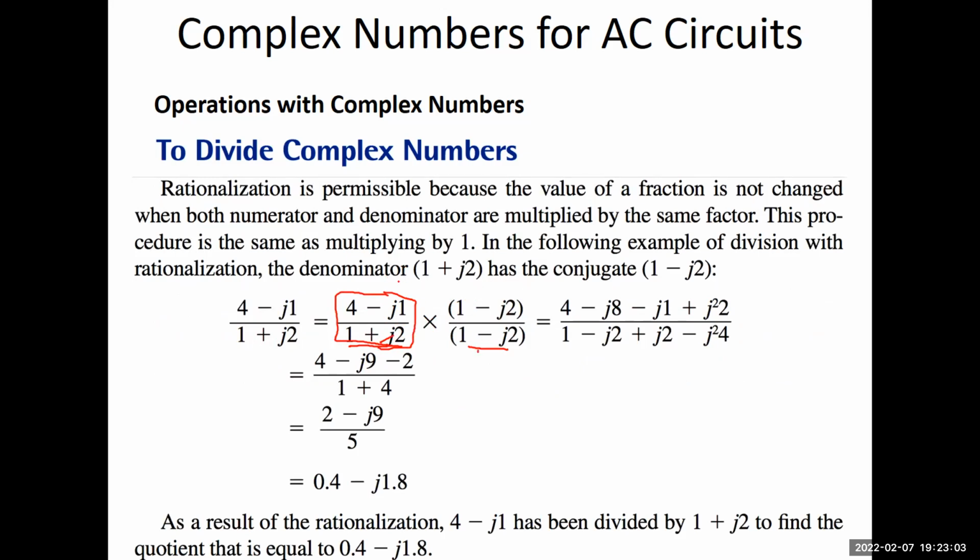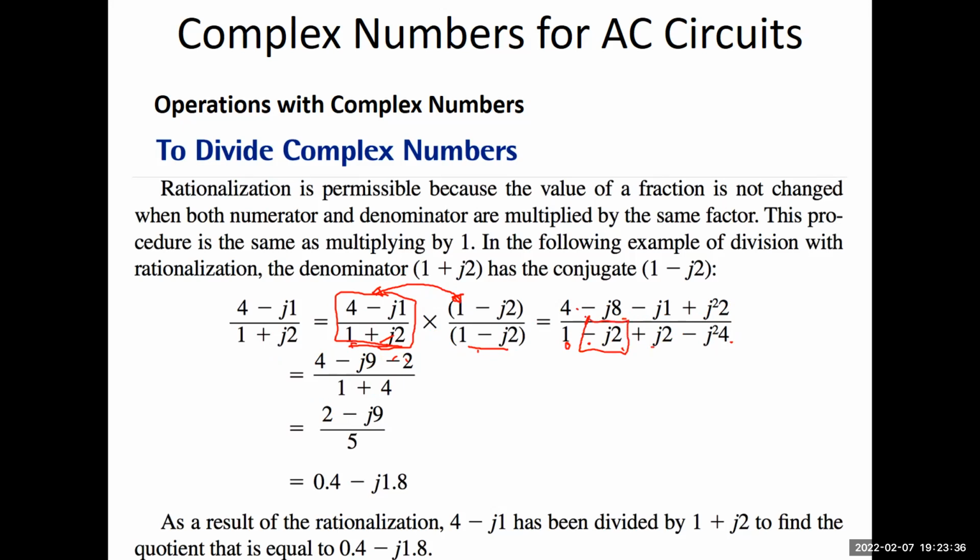When we multiply all the values in the numerator, you will get 4 minus J8 minus J1 plus J squared 2. And if you multiply now the denominators, that is 1 plus J2 and 1 minus J2, you will end up with 1 minus J2 plus J2 minus J squared 2.